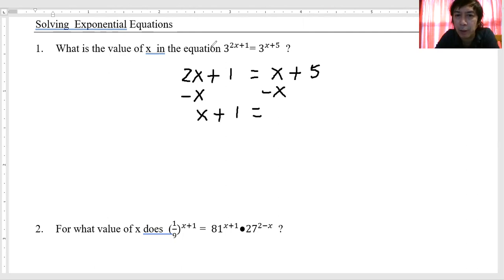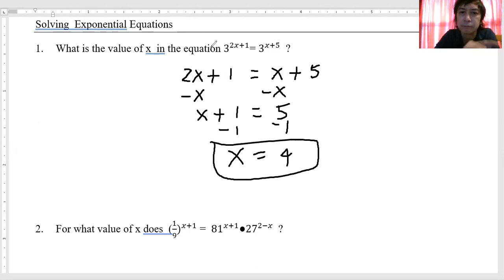And this is now x minus x is 0. You only have now the 5 there. Now we're going to subtract the 1 so that we will get the answer. So this will just be minus 1 and minus 1. And so x is equal to 4. So that gives us the answer for the first number.